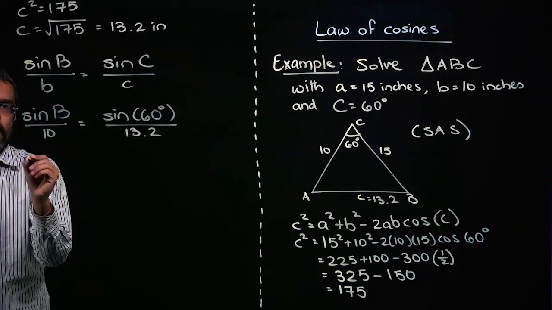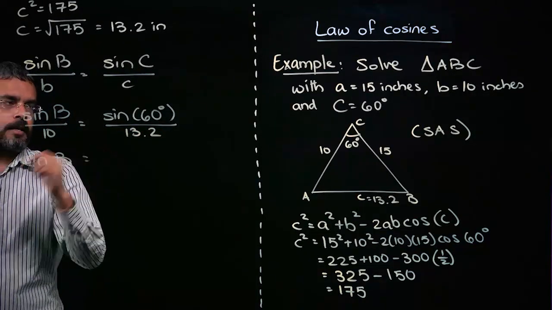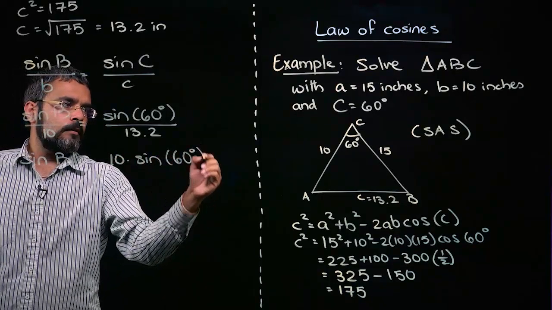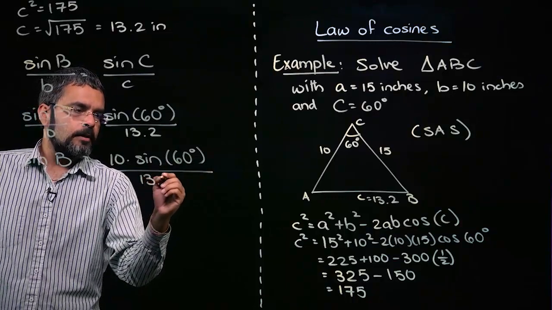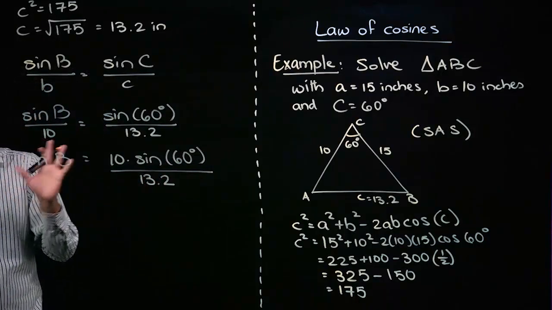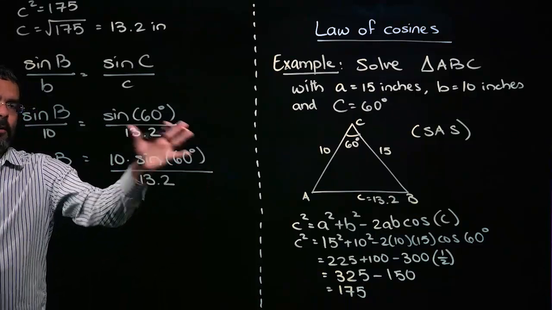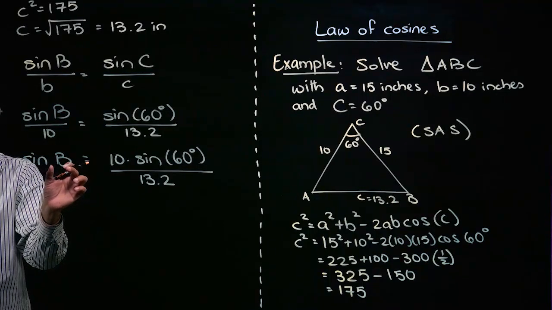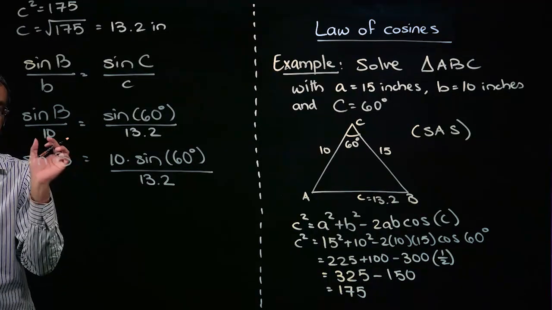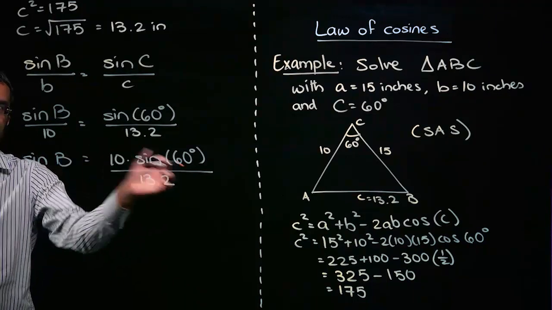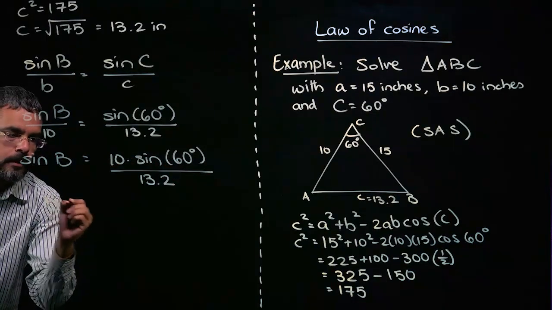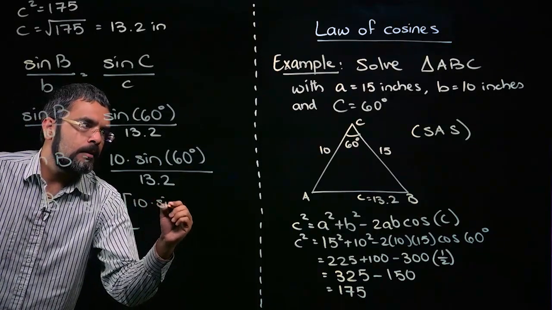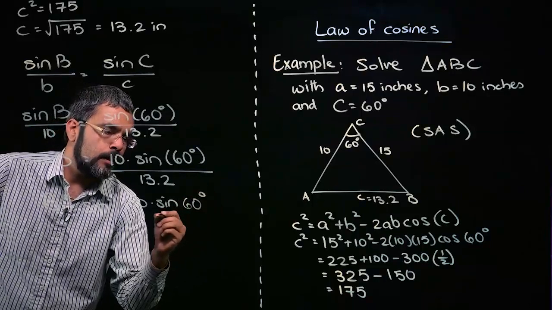So if I want to find sine of B, well, sine of B is equal to 10 times sine of 60 degrees divided by 13.2. Now, if I were you, I would hold off on trying to figure out what this is first. I don't want to solve for sine B, I want to solve for B. So to solve for B, I need to take sine inverse on both sides. So I'm going to get B equals sine inverse of 10 times sine of 60 degrees divided by 13.2.